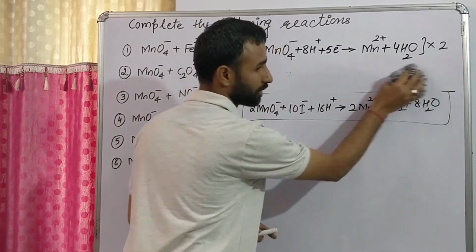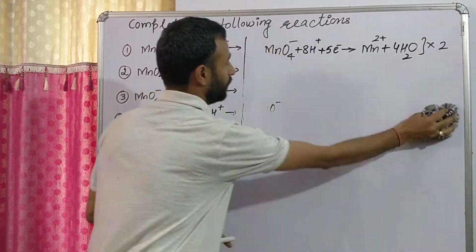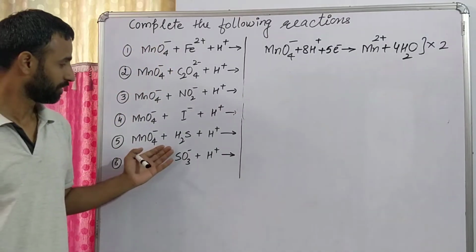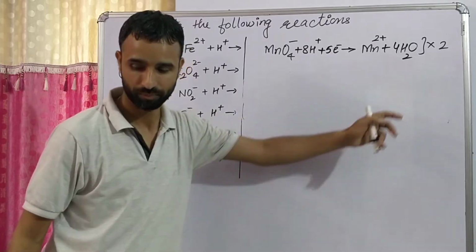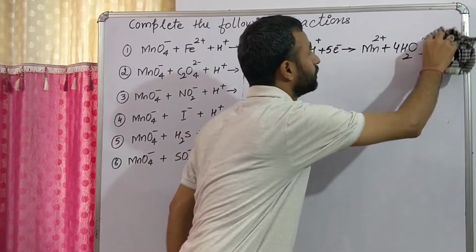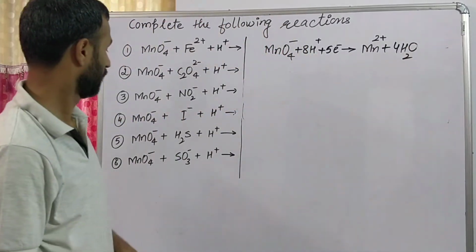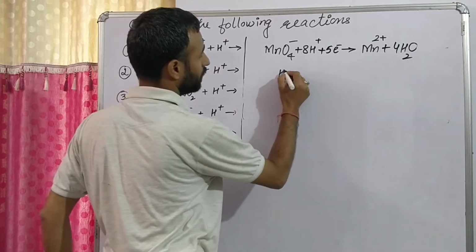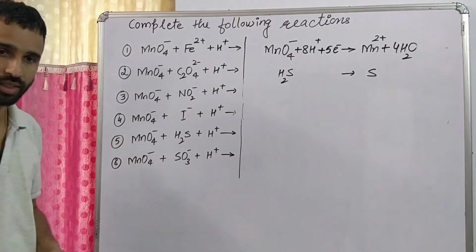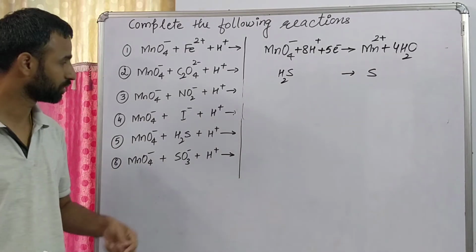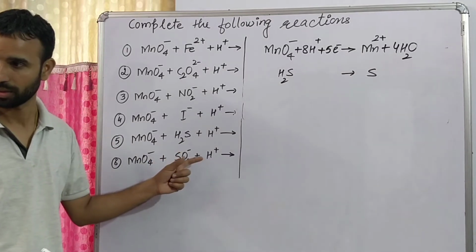Then come to the next one. H2S, MnO4 negative. This is balanced. H2S is oxidized to sulfur. That you should know. Now balance it.